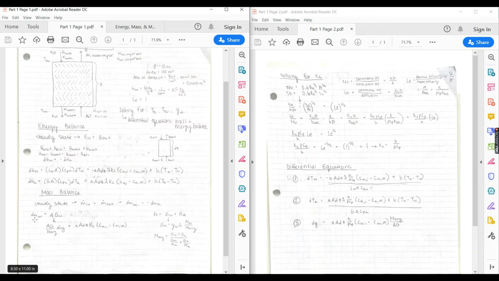So when looking at the change in mass flow of the water in our control volume, we have the mass flow of the water per area times the area. And we can rewrite this mass flow per area of water in terms of the total mass flow per area, this G, which is the sum of the mass flows.